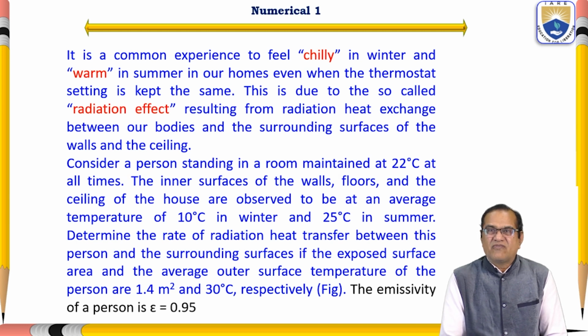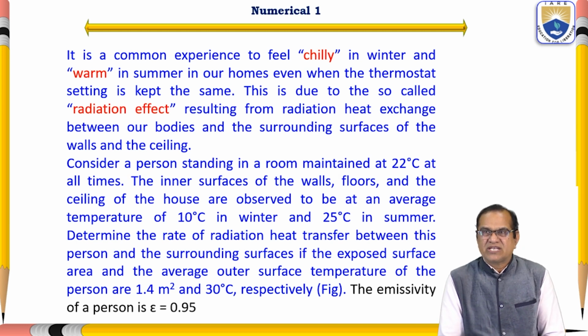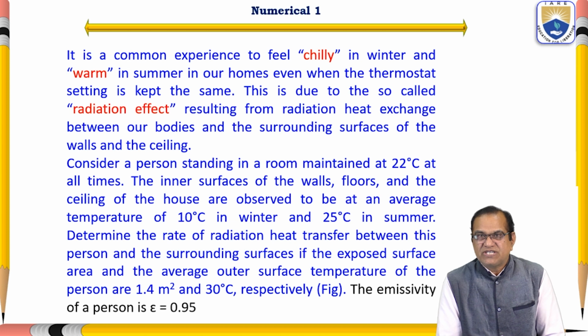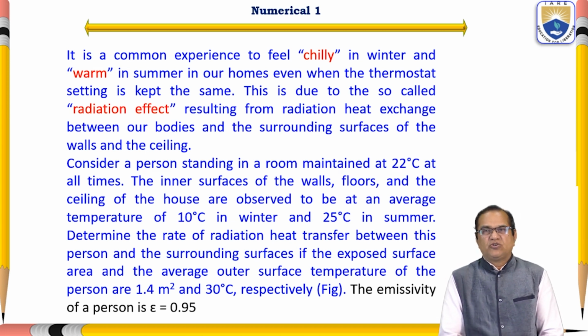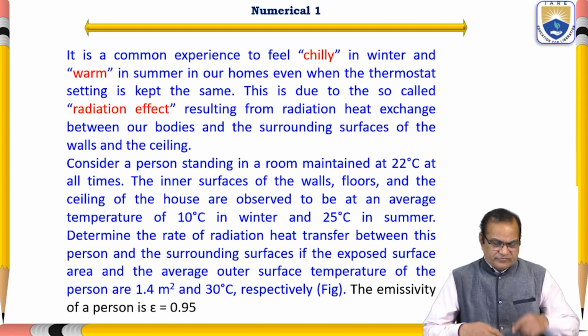Determine the rate of radiation heat transfer between this person and the surrounding surfaces, if the exposed surface area and the average outer surface temperature of the person are 1.5 meter square and 30 degrees centigrade respectively. The emissivity of a person, that is epsilon, is equal to 0.95.